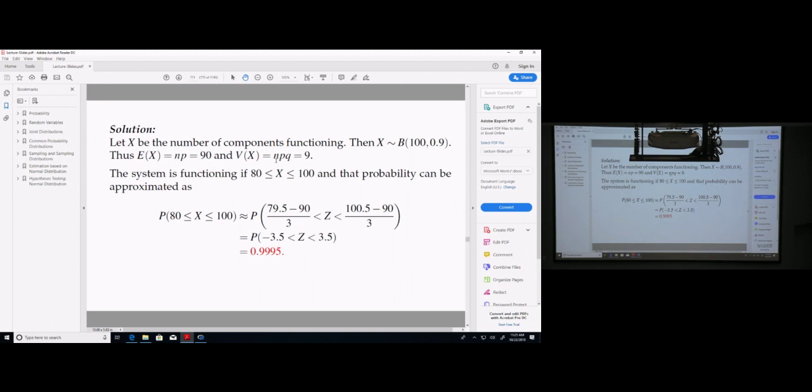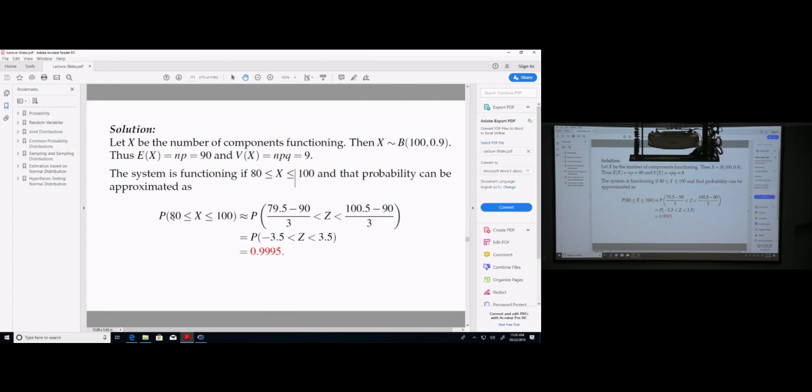The condition is n times p bigger than 5, and n times 1 minus p bigger than 5. Here n times p is 90, so it's bigger than 5. The other one is n times q. N times p times q is already 9, so definitely n times q is bigger than 5, right? So the system is functioning if x is in this range.